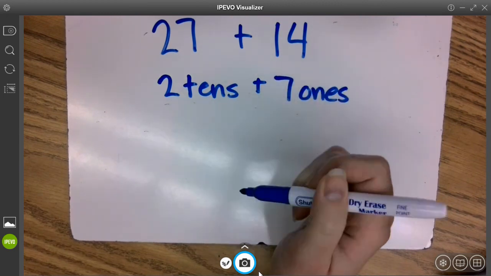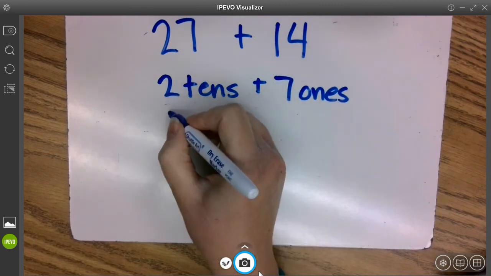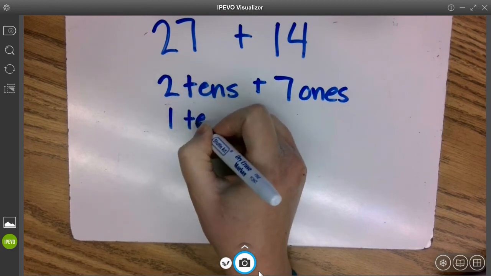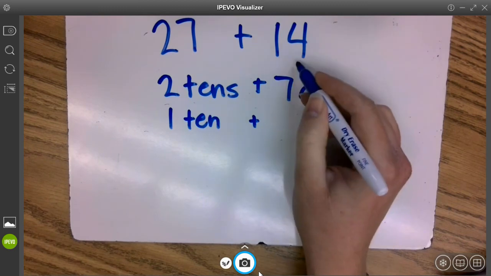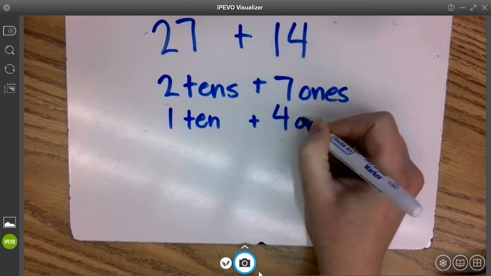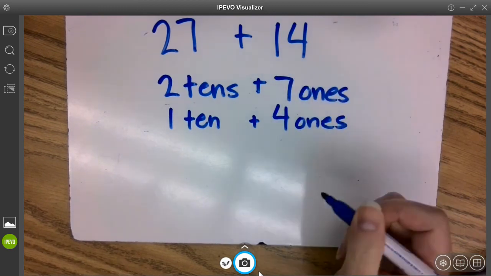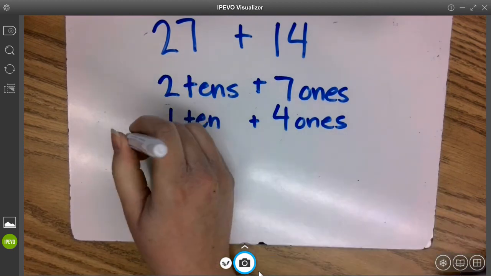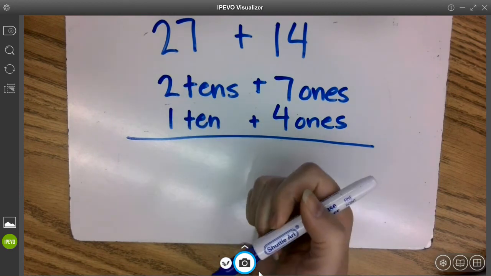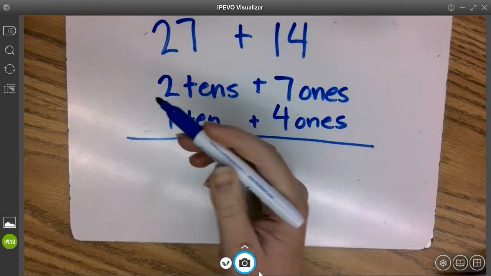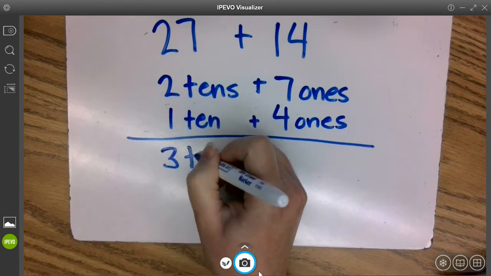What does 14 mean? A group of 10, 1 ten, and 4 ones. Okay, let's combine our things that are the same. 2 tens and 1 ten. How many tens do I have? 3 tens.